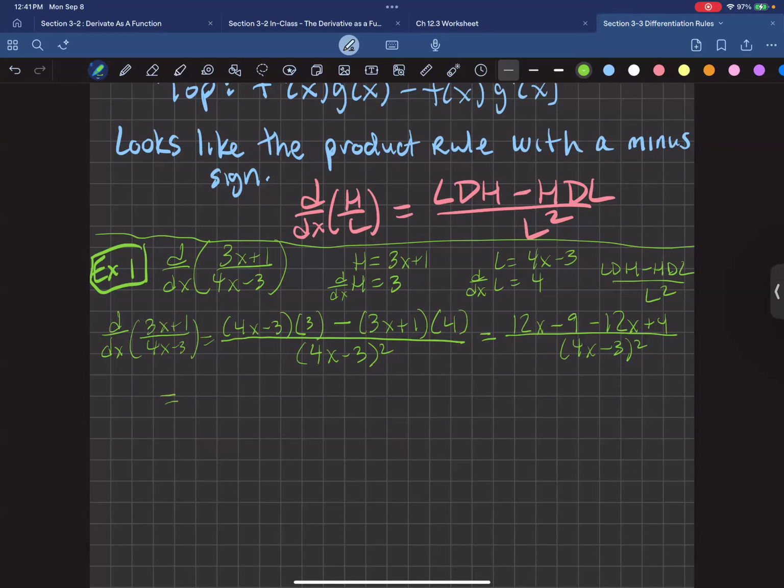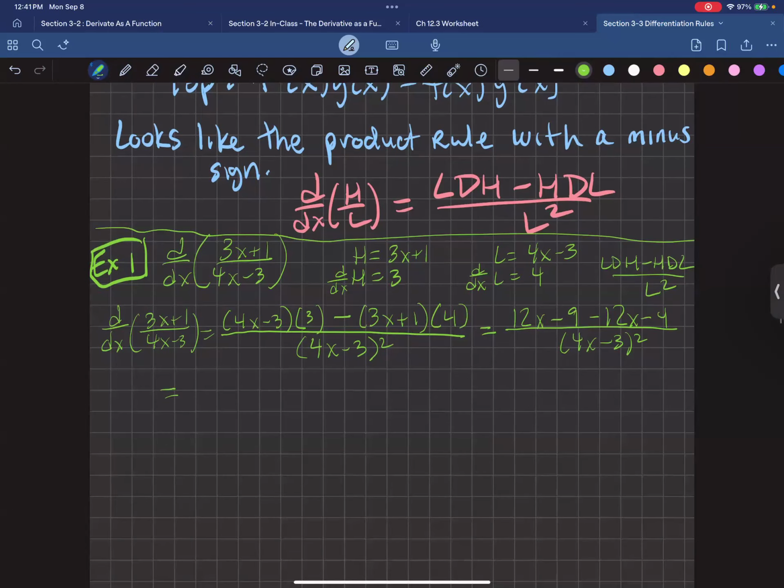The 12x's cancel. Oh, I said plus 4. That should be a minus 4. Remember, you got a negative times everything in there. So we end up with negative 13 over 4x minus 3 squared. That's nice.